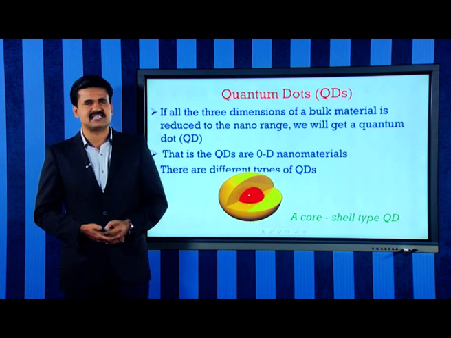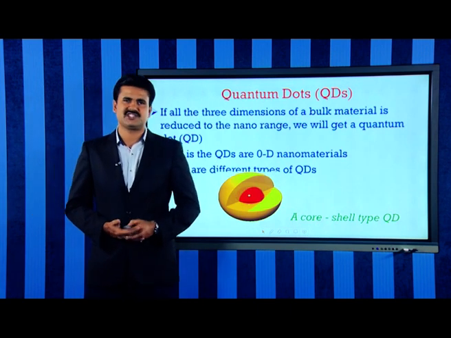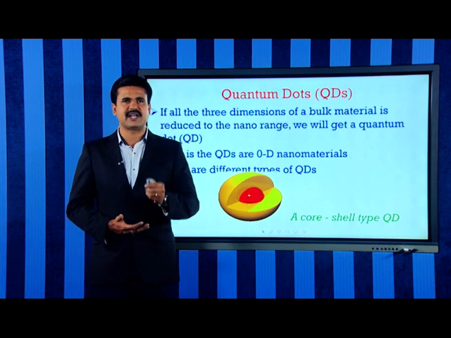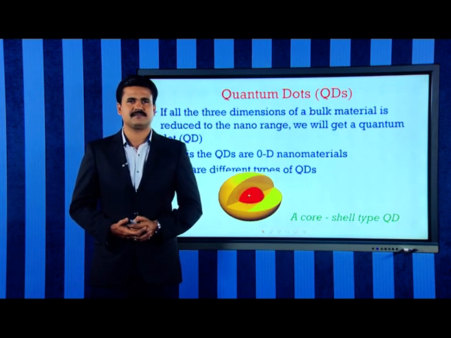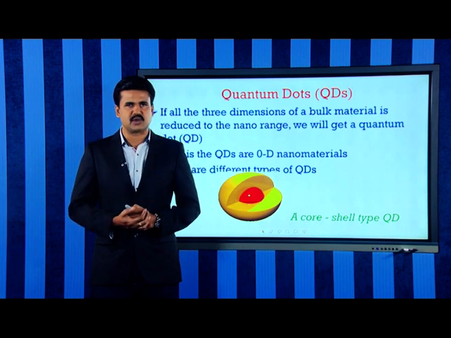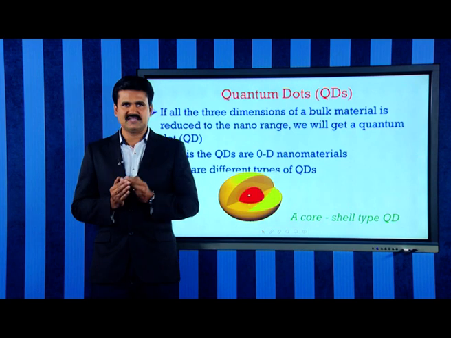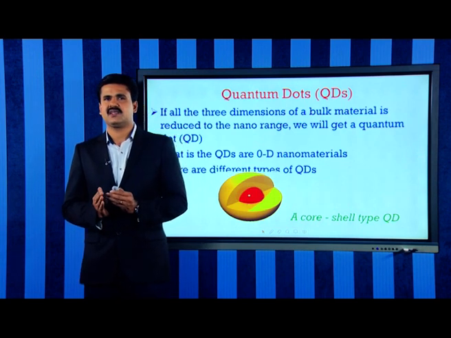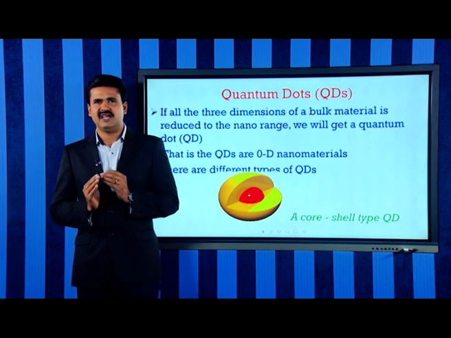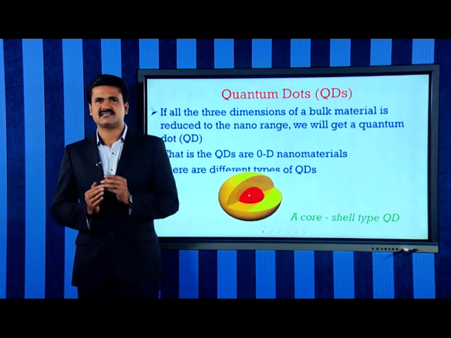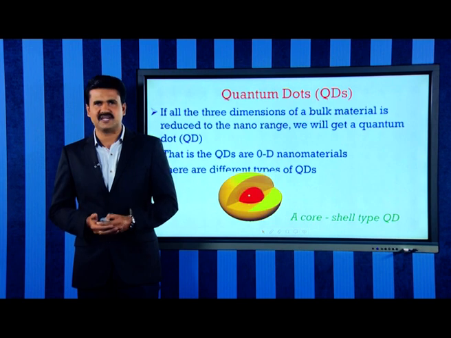Now the last category, quantum dot. Quantum dots are zero-dimensional nanomaterials. Why they are said to be zero-dimensional? The reason is because all the dimensions are in the nanoregime and no dimension is outside nanoregime.